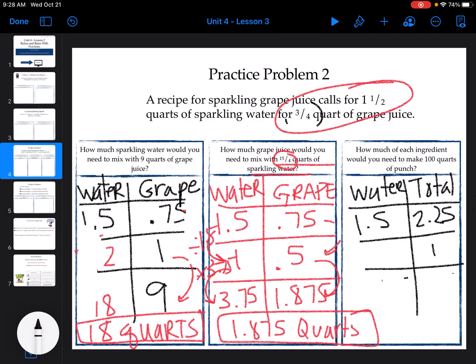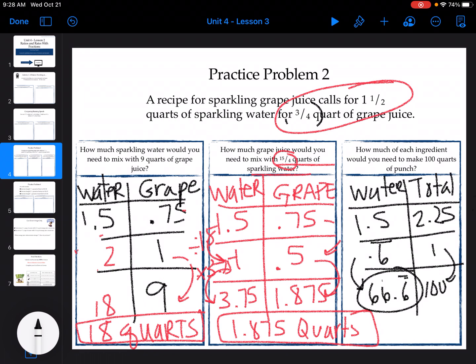So I'm going to divide by 2.25. So 1.5 divided by 2.25, and I get 0.6 repeating. Then I want to get to 100. So I'm going to multiply by 100. And I get 66.6 repeating quarts of water.